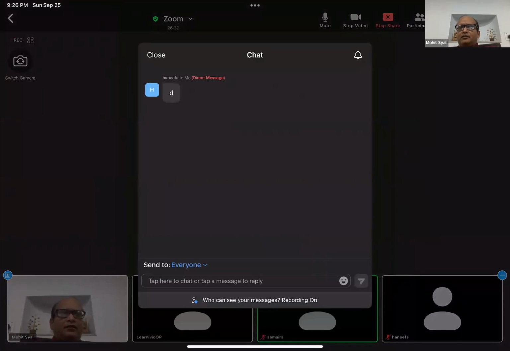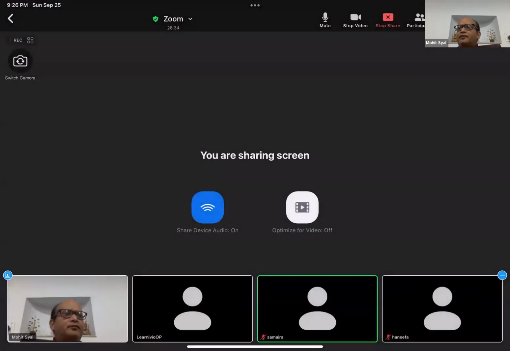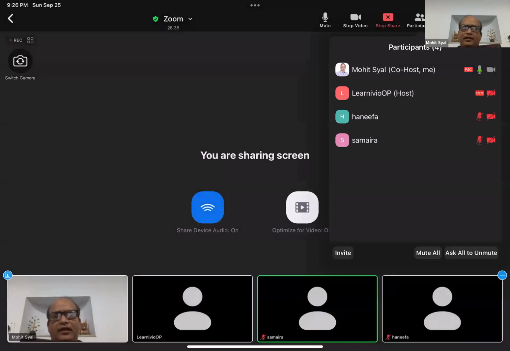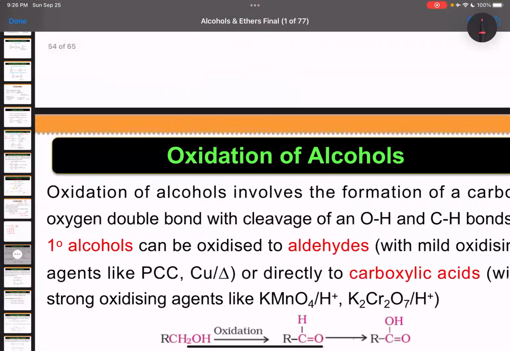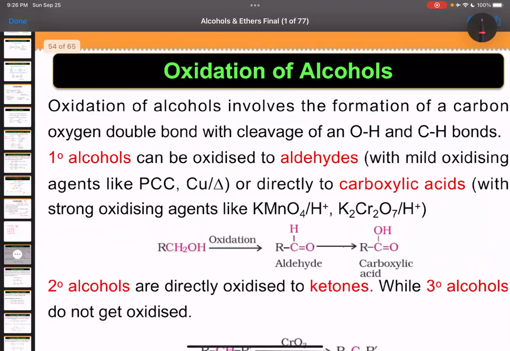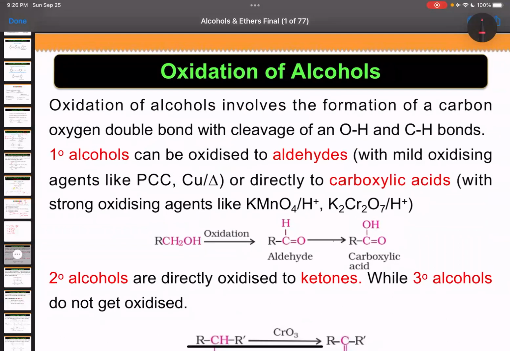So let's move on to the next problem. The next reaction which we have to do is oxidation. So tell me what you know about the oxidation reaction.